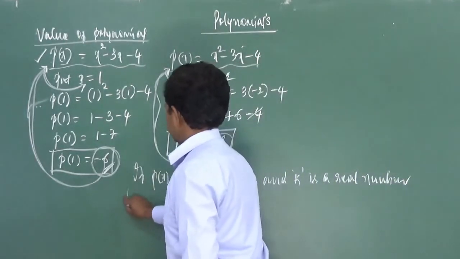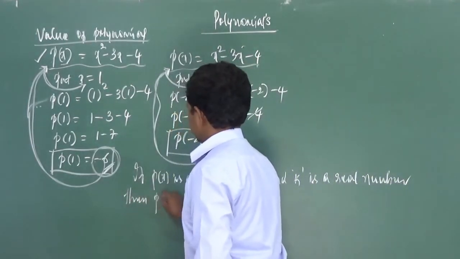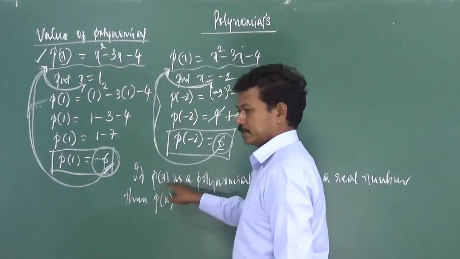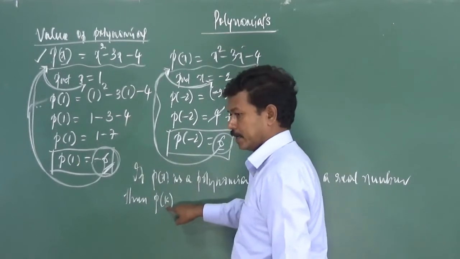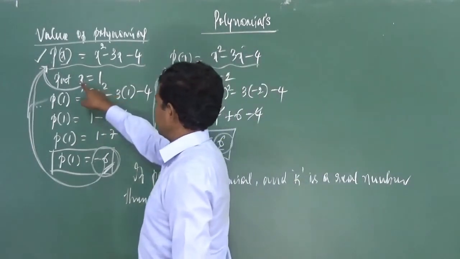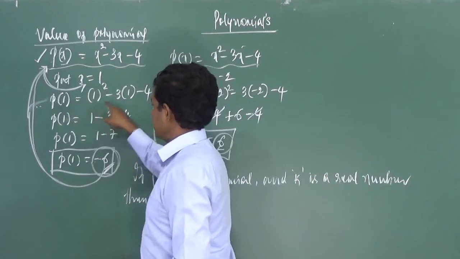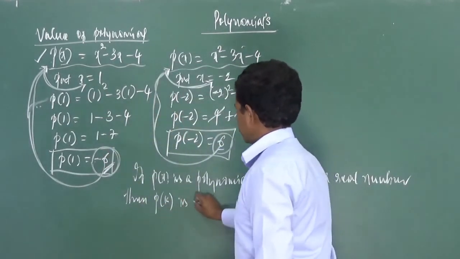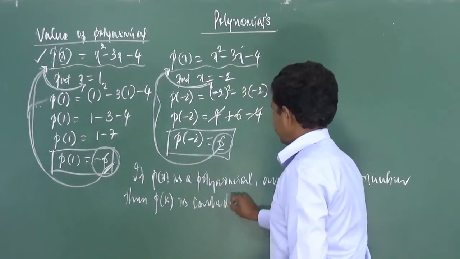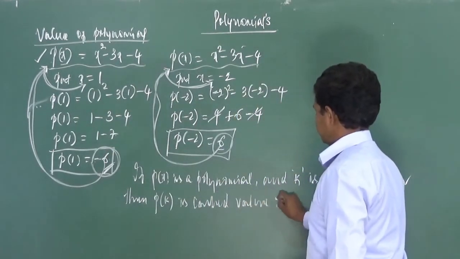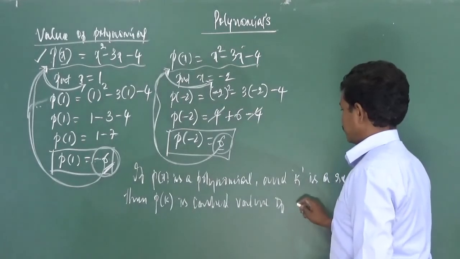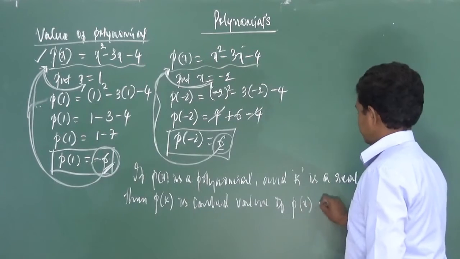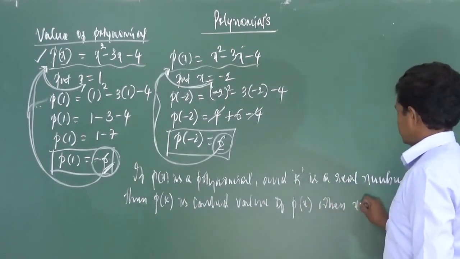So then p of k, that is we substitute the value of k in p of x, that is in place of x we put k, as we substituted 1 and started simplifying that, then p of k is called the value of p of x when x is equal to k.